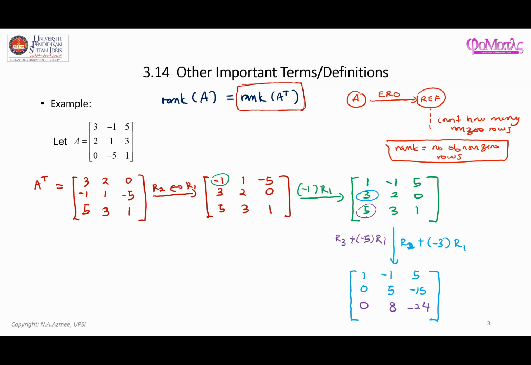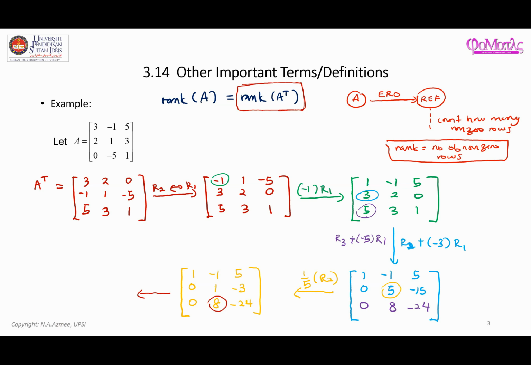Okay. Next, what I can do is, well, consider turning this value to be equal to 1. So 1 over 5 multiplied with the second row. So I have 1, -1, 5, 0, 1, -3. So here is 0, 8, -24. Next, what I can do is I'm going to turn this value to be equal to 0.